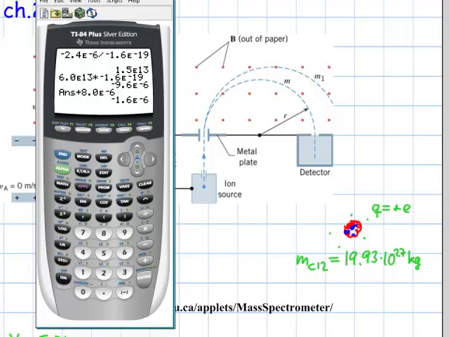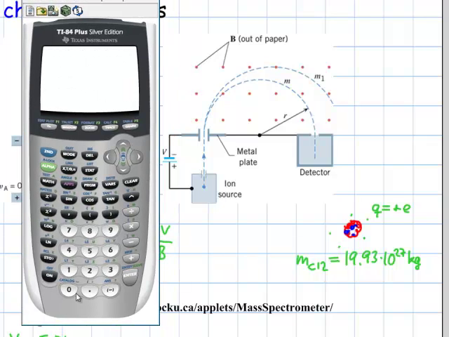Okay. So 19.93 times 10 to the negative 27. I'm going to divide this here by the mass of a neutron, which is given as 1.6749 times 10 to the negative 27.